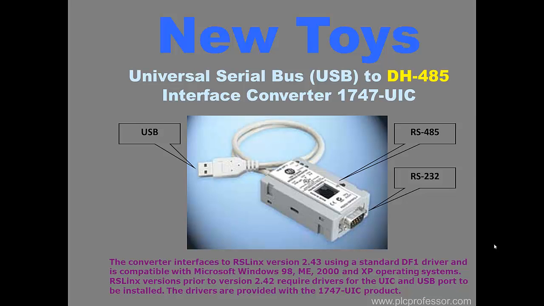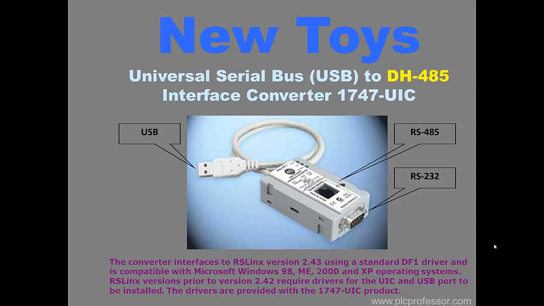Okay, this is a new toy, but relative to the history of PLCs, not in terms of you just graduated from school 4 years ago, new toy. This is an older toy, and it's a USB converter that will allow you to convert to RS485 or RS232.